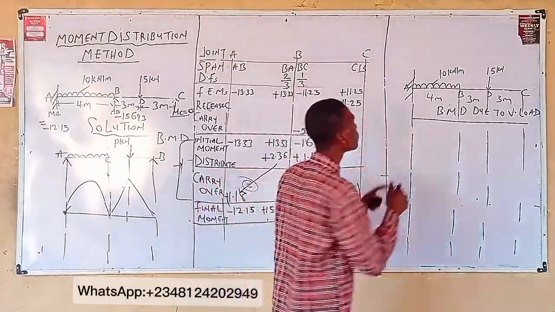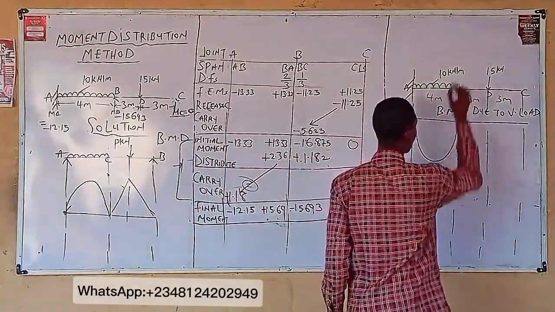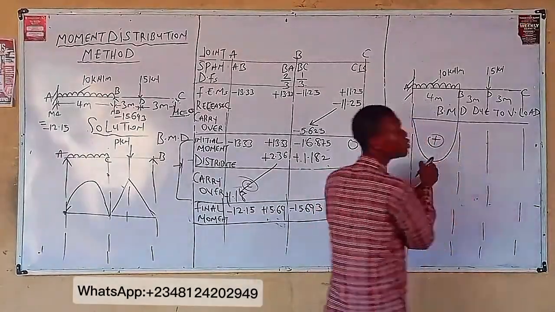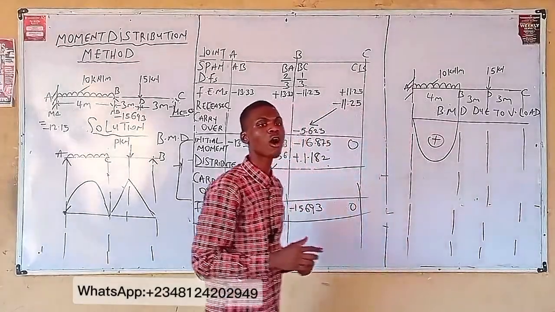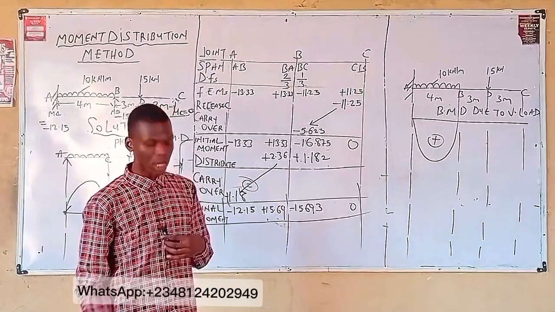So now, drawing the bending moment of this UDL, I have this. This is positive. What is the value? Now, go back to span AB. What is the value of the vertical loading moment at span AB? What is the value we got?